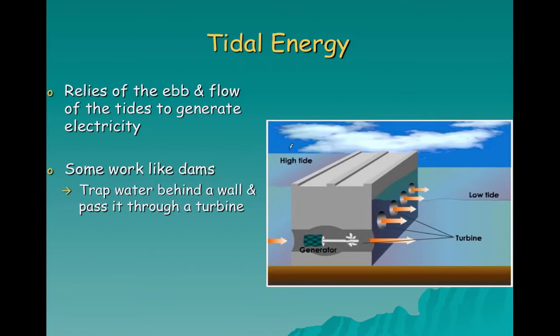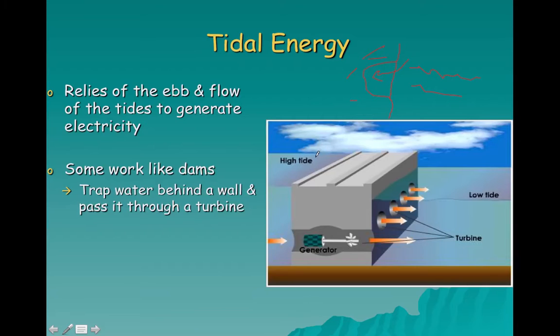This often happens, and it'll show you in the movie, if you have some sort of inlet or bay. Let's say this is all water, and this is land. The water is going to go into an area like this, and if you had a wall trapping it on this side, the water would increase in height on this side.